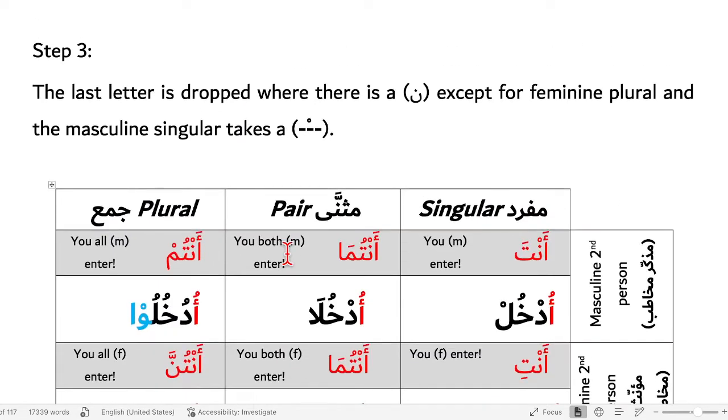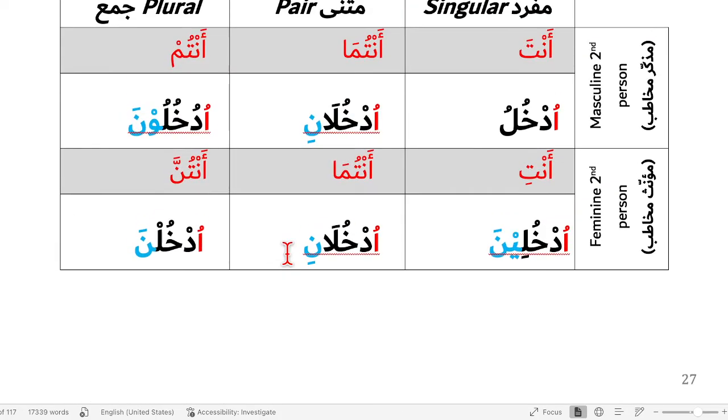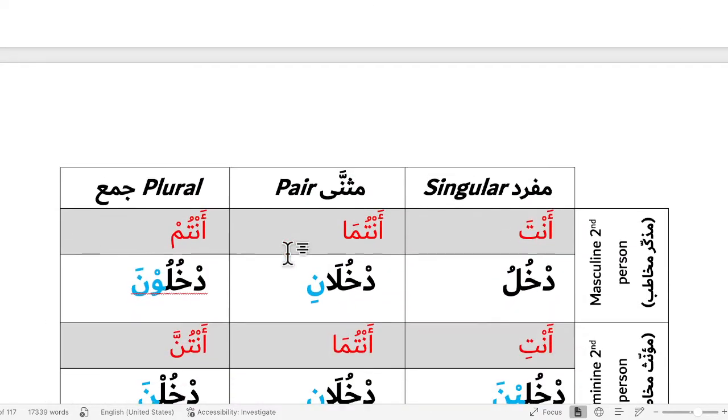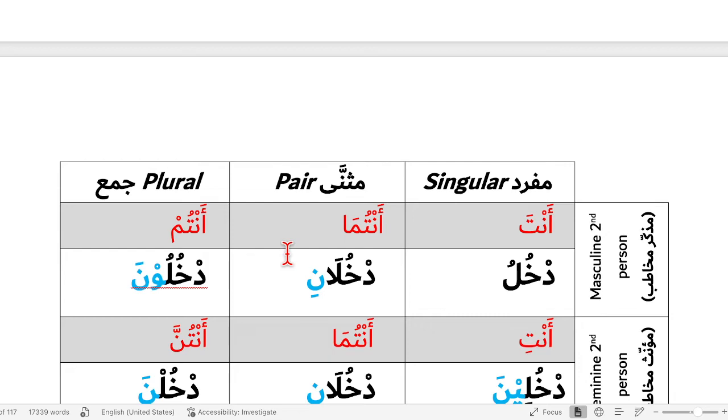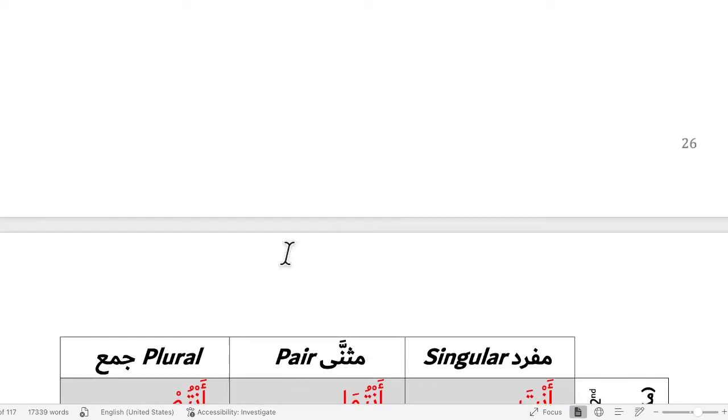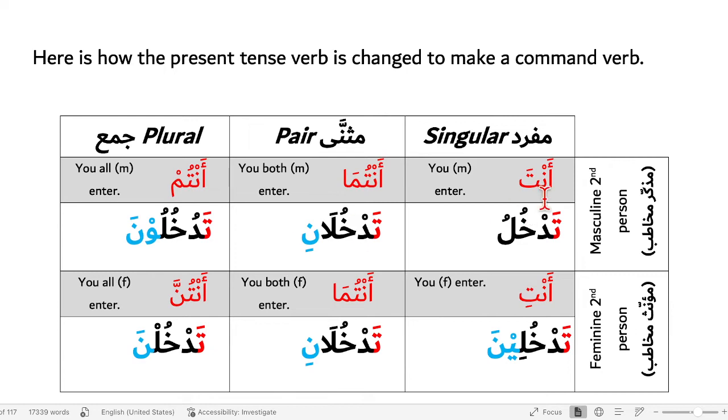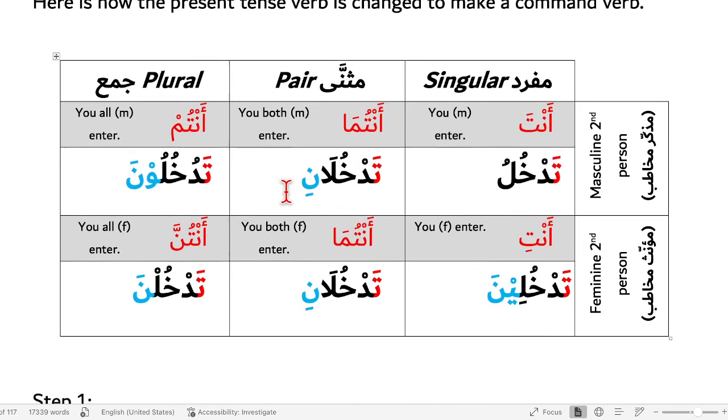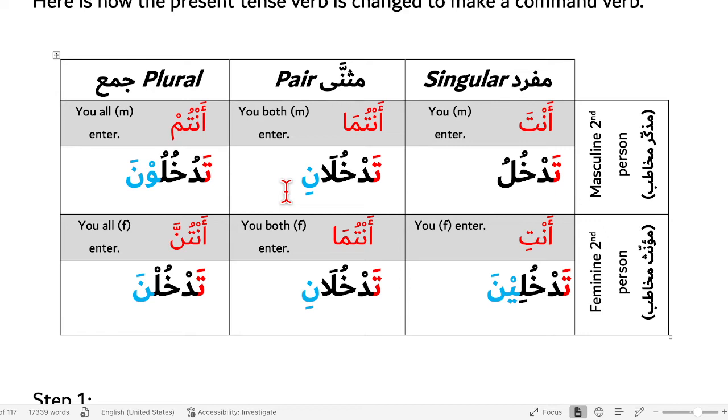The past tense is daraba yadribu, so we start from here. I'm going to go through the whole table verbally: yadribu, yadribani, yadribuna, tadribu, tadribani, tadribna, tadribu, tadribani, tadribuna. Now I'm coming to the second person: tadribu, tadribani, tadribuna, tadribina, tadribani, tadribna.